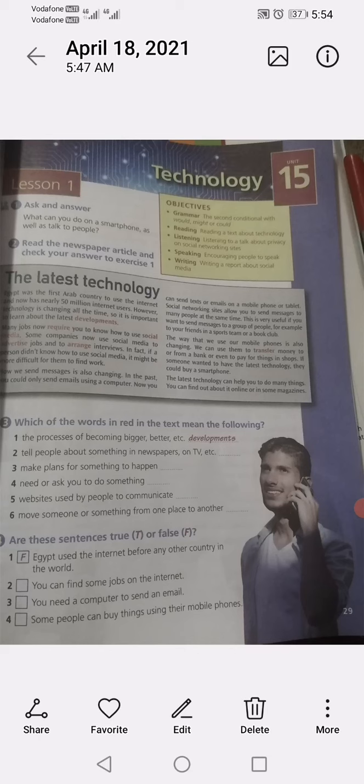Advertise, to tell people about something in newspapers or on TV. Arrange, make plans for something to happen. Require, need or ask you to do something. Social media, websites used by people to communicate. Transfer, move someone or something from one place to another.